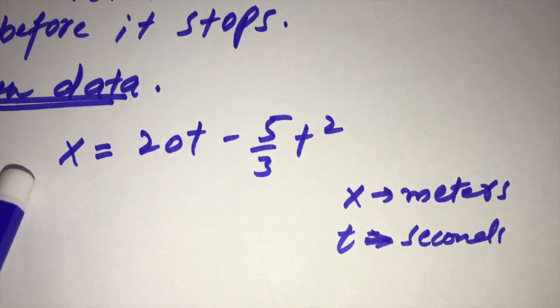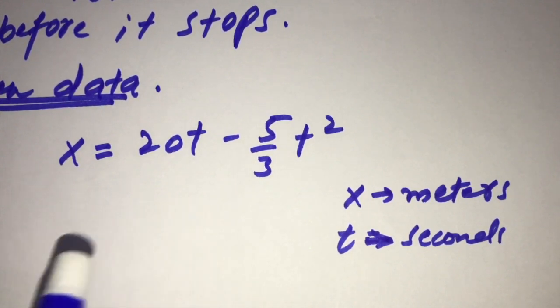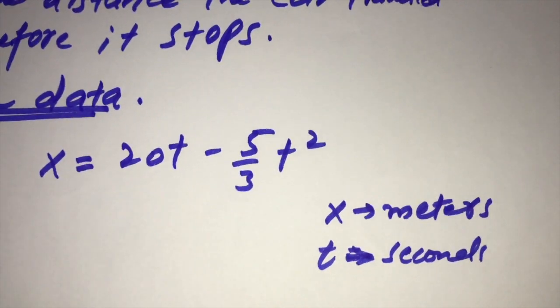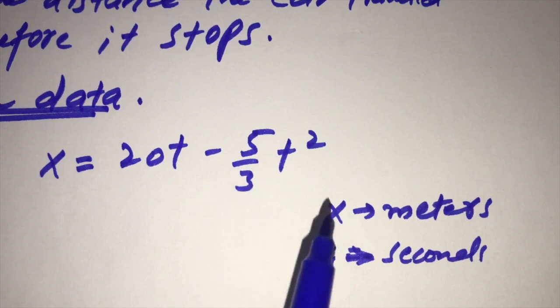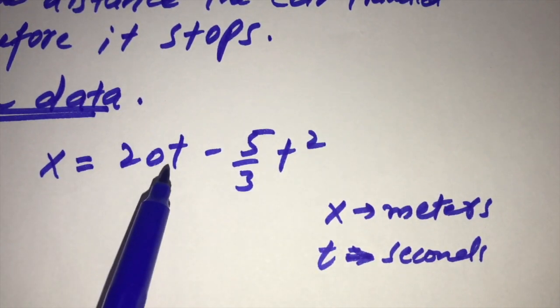So in order to find the speed of the vehicle at the instant the brakes are applied, we must take the derivative of this equation and then put t equal to 0.